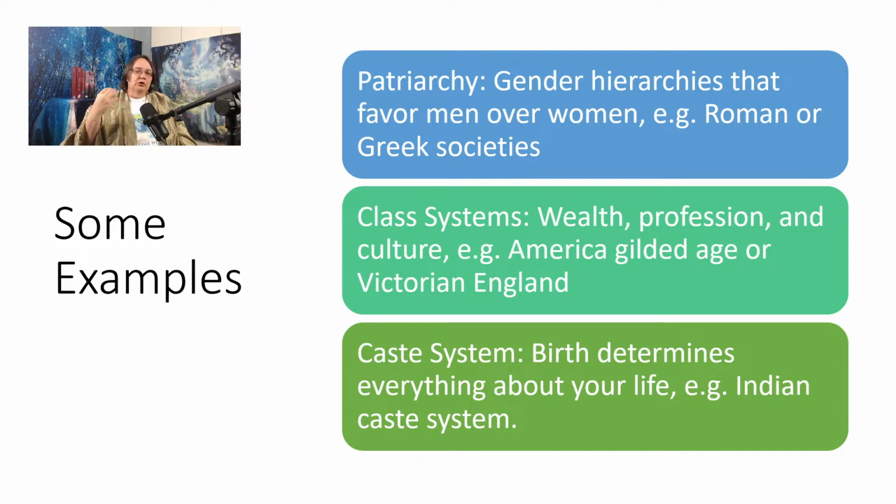In a fantasy world, you can flip that around and have a matriarchy, or you can have multiple sexes and have a different kind of sex associated with this patriarchy, matriarchy setup. You can also have a class system, which is more on your ascribed side. That is around your wealth, your profession, your culture, like the American Gilded Age or Victorian England.